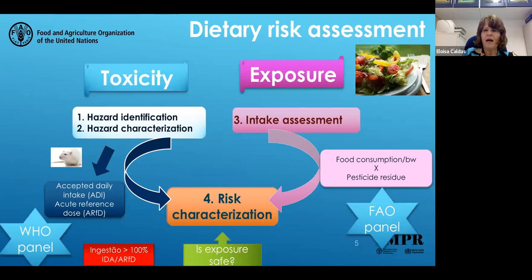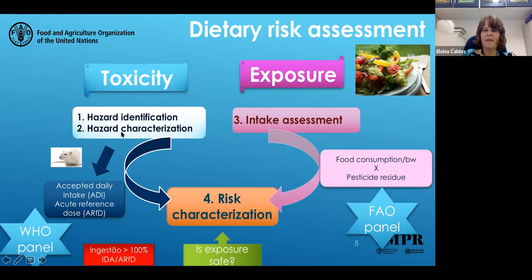And how is the dietary risk assessment process? The dietary risk assessment has 2 major components. The toxicity component, which at JMPR is composed of 2 steps: the hazard identification and the hazard characterization.